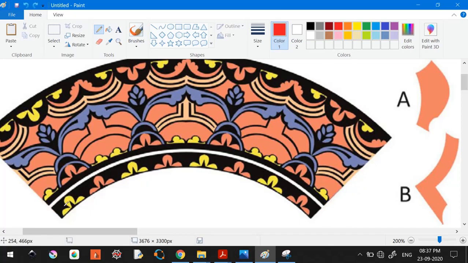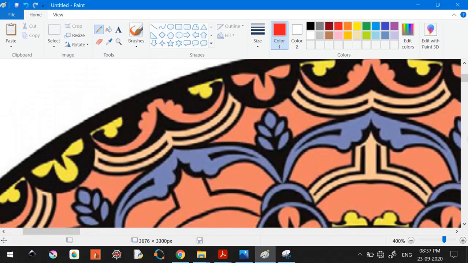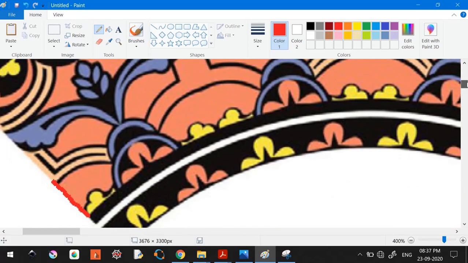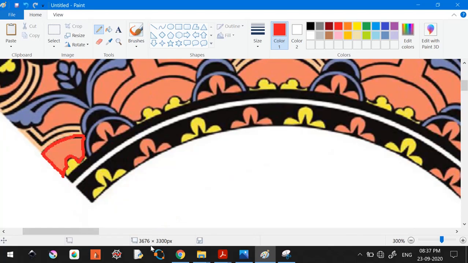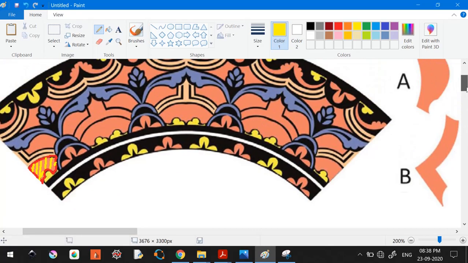So if I check this one, let me zoom further. This straight corner, fine. Let me highlight that and cross check it with the option.